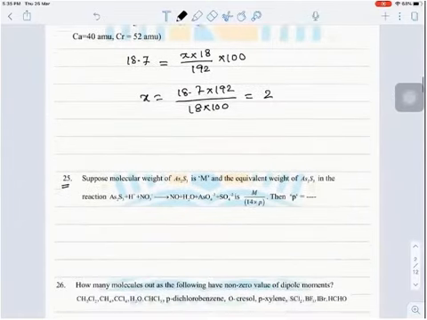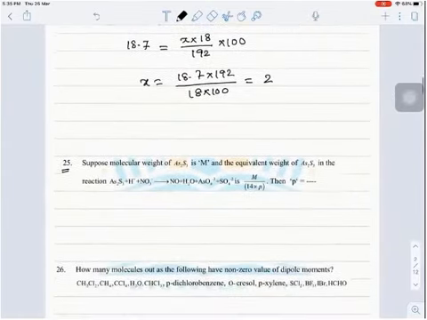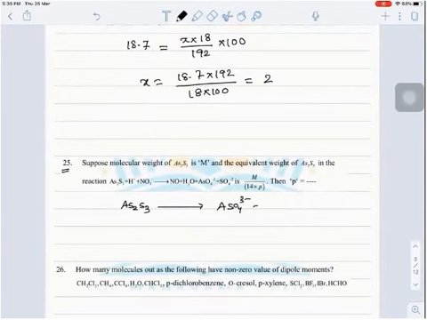Okay. Next question is question number 25. This is based on equivalent weight of As2S3. As2S3 on oxidation is forming AsO4 3 minus plus SO4 2 minus.